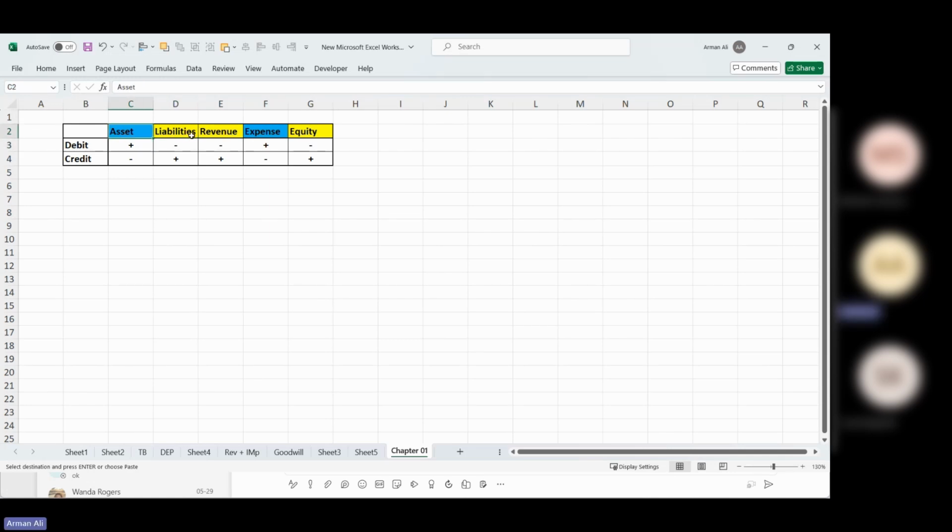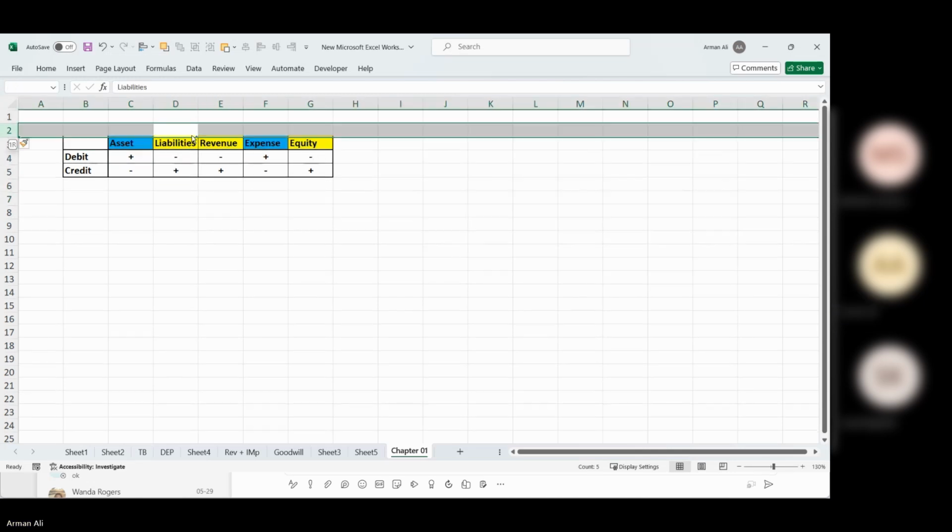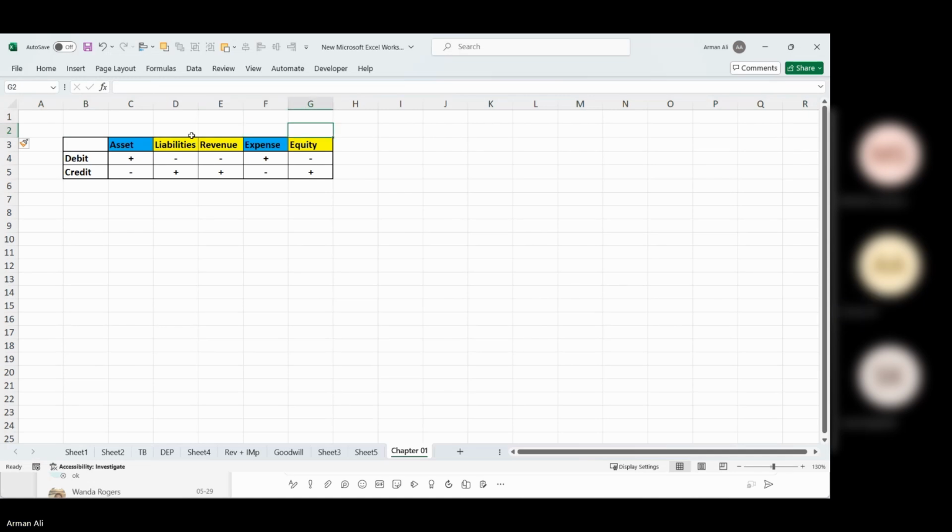So the basic elements under which the entire accounts and finance sets down is these five elements: asset, liability, revenue, expense, and equity. Out of these, we prepare four types of financial statements. One is income statement, as we've discussed. Then there is the balance sheet.